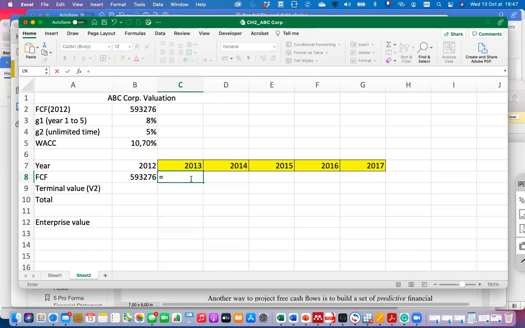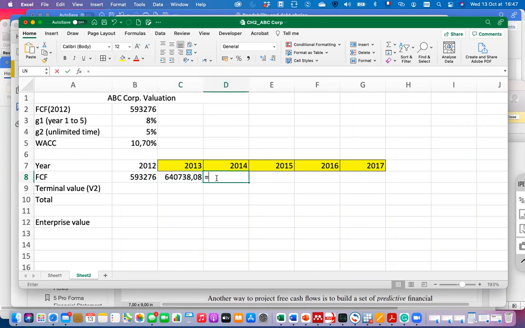So equal to cash flow 0 times, open the parentheses, 1 plus 8%, and since this is a constant growth rate, we add the dollar sign and close the parentheses. This is the expected cash flow for next year, which is higher by 8% compared to the current cash flow.